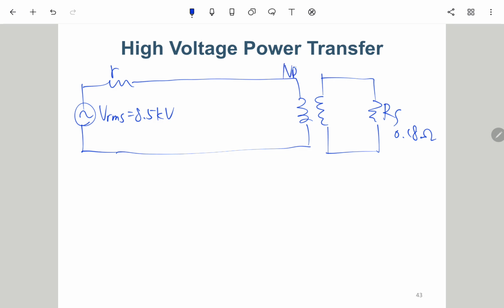And then here we have N_P to N_S. So finally, we have the loading to be 0.18 ohm, and with this turn ratio of 70.8, we will see this impedance is much larger.